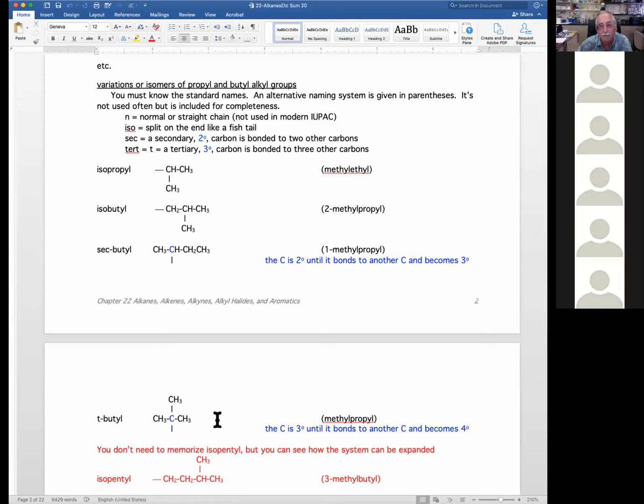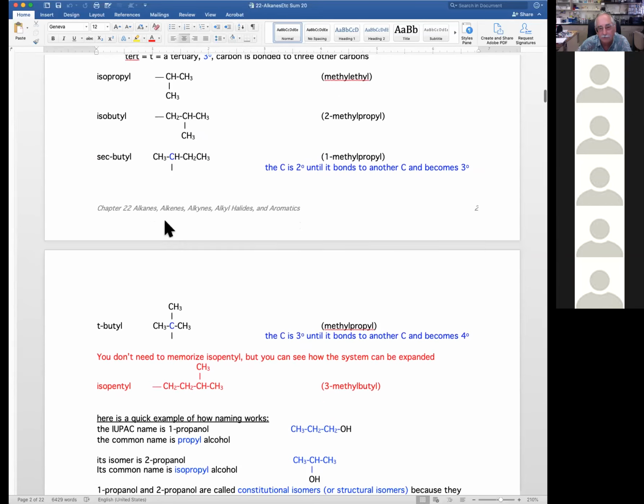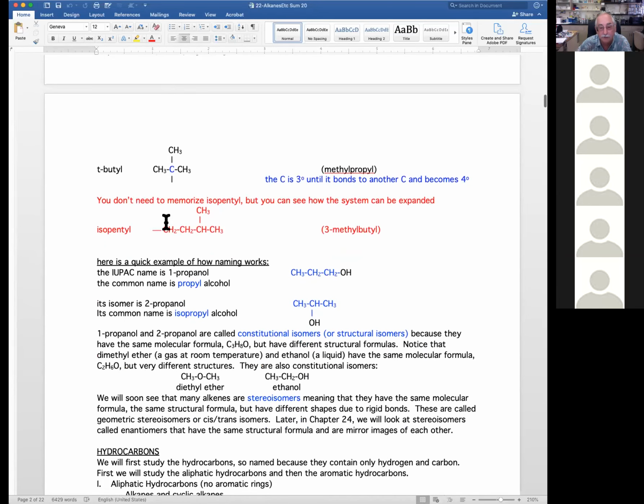So then somebody came along and said, well, that's so complicated for the poor students. So they tried to come up with another way of doing it. So isopropyl would be called methyl ethyl. So here's the ethyl, and on it is a methyl. Here's the propyl, and on it in the number 2 position is the methyl. But they pretty much abandoned it, so we'll see.